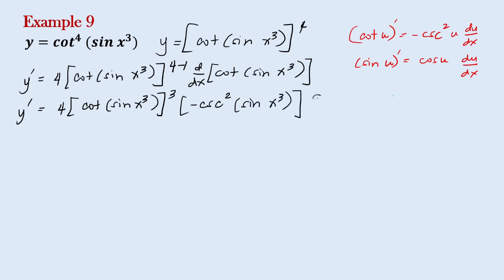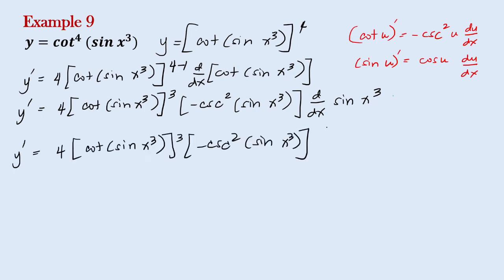And then let us get the derivative of sine x cubed. So let us just copy this part. So the derivative of sine x cubed would be, in this case, our u is x cubed. So let us follow this formula.